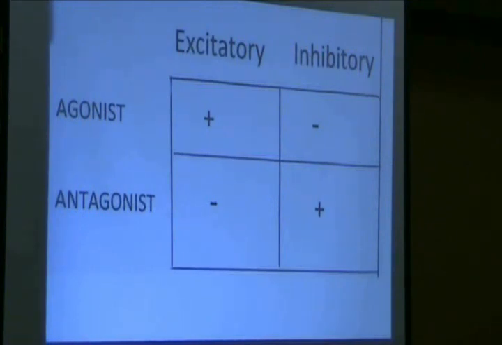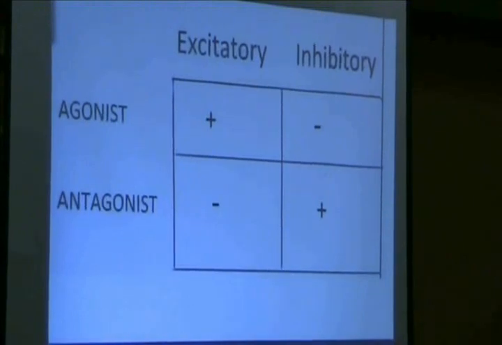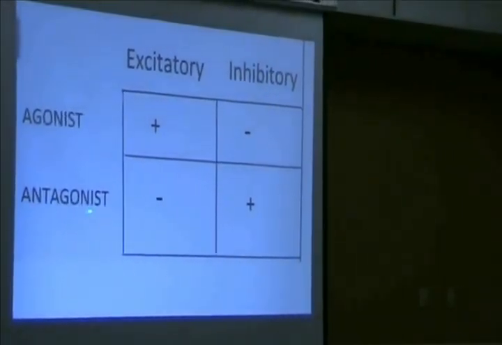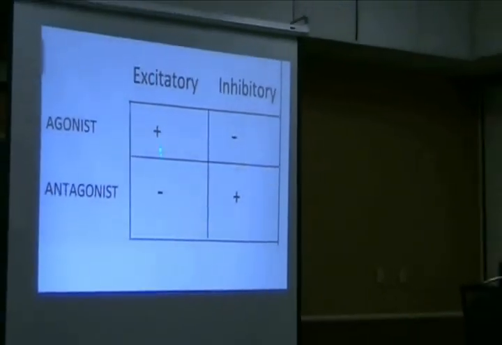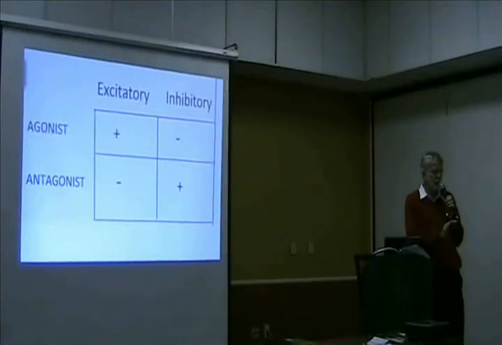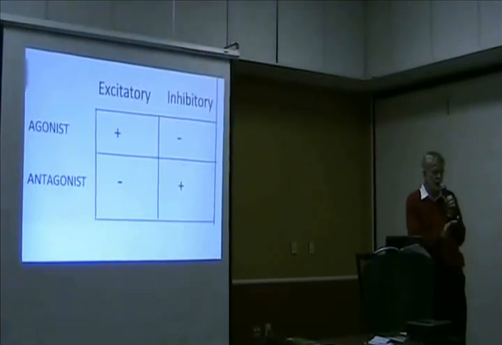But let's say you have an agonist and it turns on an inhibitory receptor, what's the result? It's a brake on. So the point I'm making is that agonist and antagonist by themselves don't tell you exactly what happens until you look at what receptor it affects. Okay? Now, again, antagonist: you have an excitatory receptor, but it gets blocked. What's it going to do? It's going to reduce the likelihood of that cell turning on.